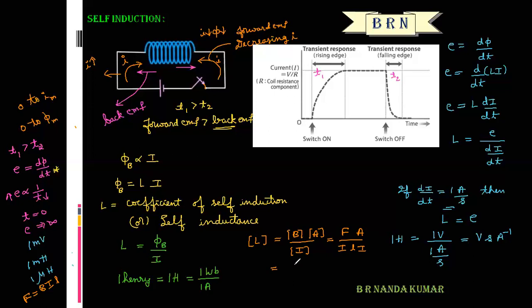Force means mass into acceleration. So the dimensional formula of mass is M, acceleration is L T power minus 2.